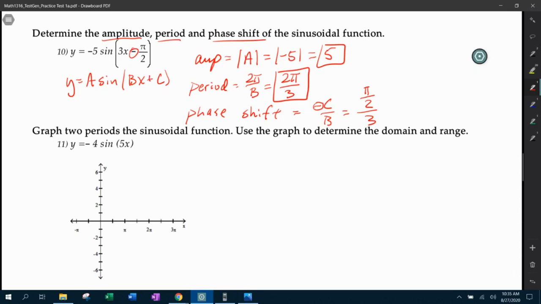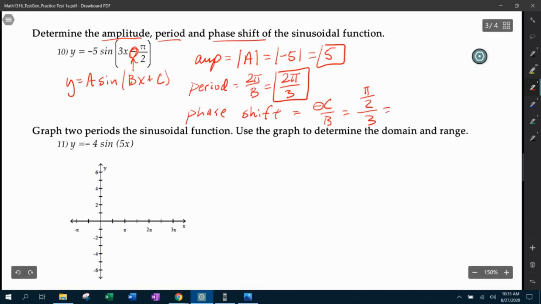So anyway, what you need to remember is that if this c value is negative in the formula, it's going to be positive. And if this would have been a plus, 3x plus pi over 2, then this pi over 2 would be negative in the formula. This c value is always opposite of what you see here.